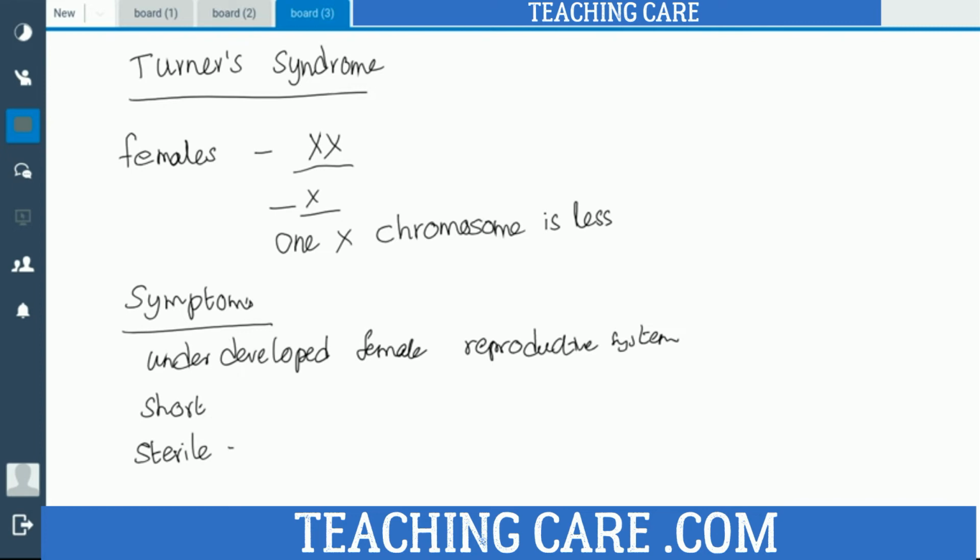So these are some examples of chromosomal mutations. This is about chromosomal mutations.